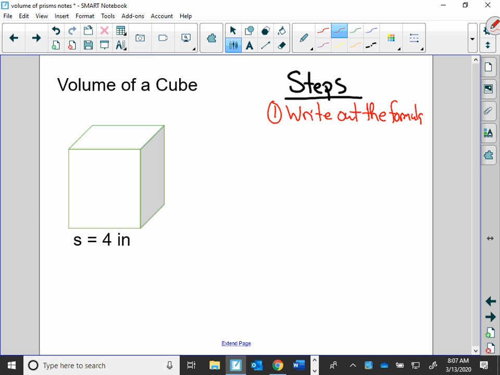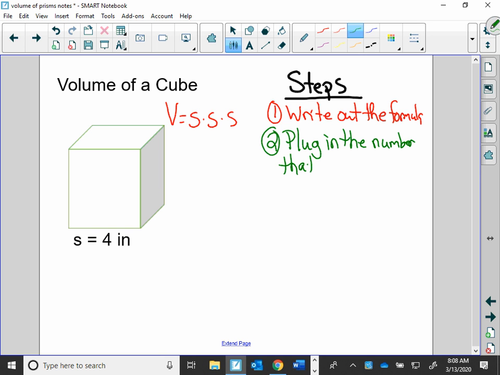So right now the formula, we know volume is equal to side times side times side. After we are done with that, our next step is to plug in the numbers that you know. You have to use what was given to you in the example and plug it into the formula so that you can get the correct answer.